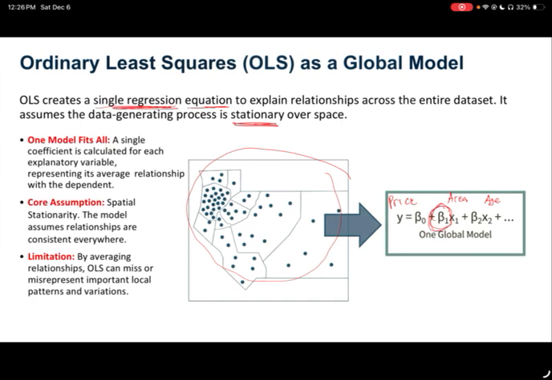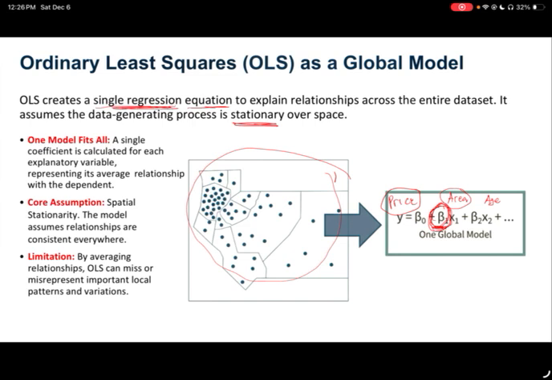Since there is only one coefficient value, this value represents the relationship between house area and house price for the whole area, or all datasets.